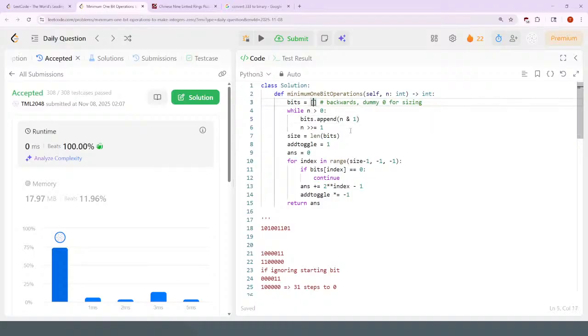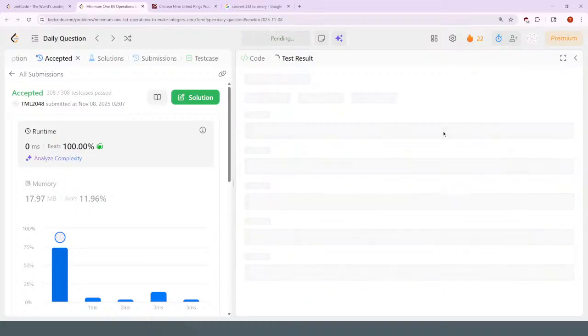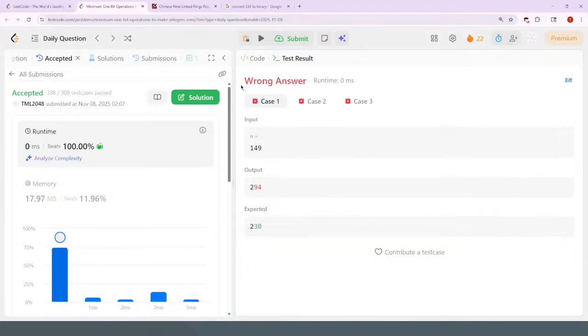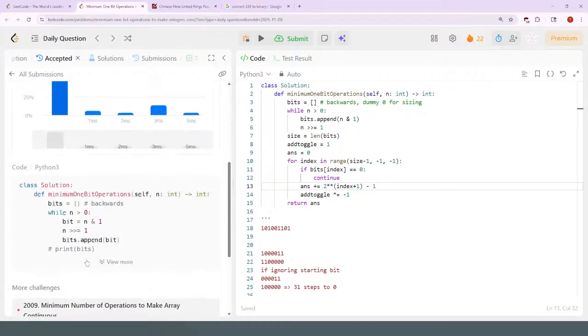Guessing it's the dummy part. Can't imagine it being wrong from changing the bit variable. It was the bit variable? Why would that be wrong?